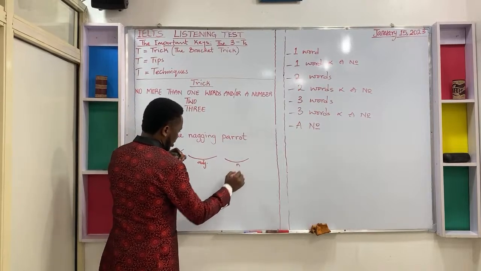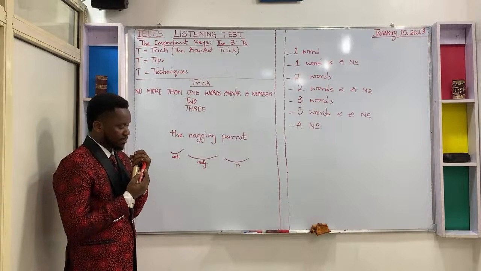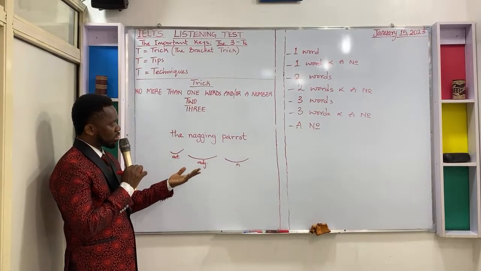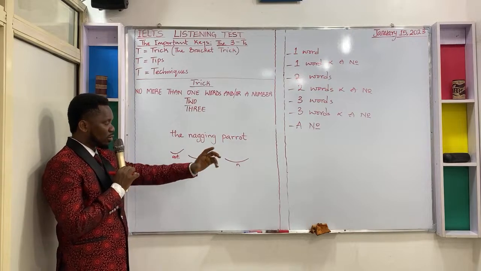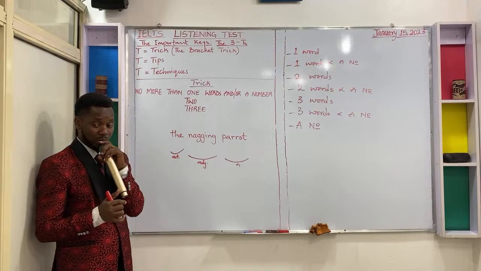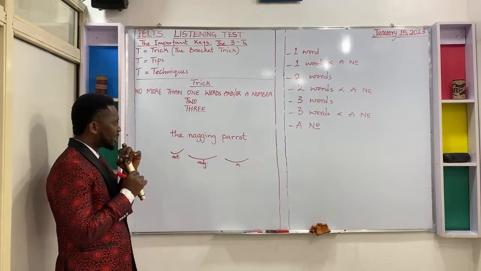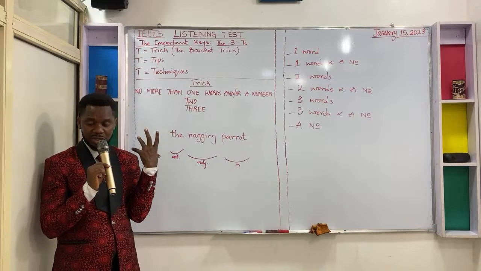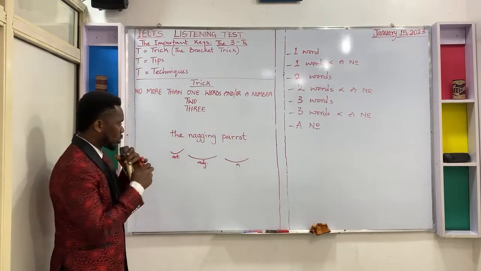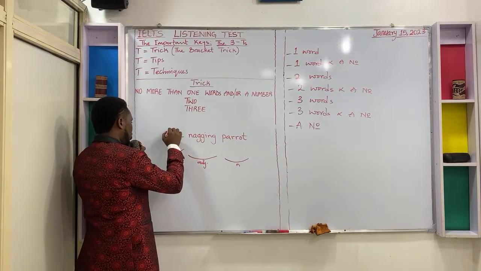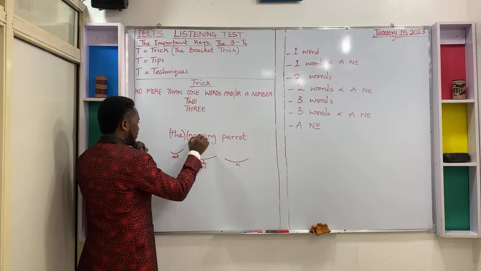Parrot is what? A noun. So, of the 3 words, the receiver of every other thing right here is what? Parrot, the noun. That means the other 2 words are what? Supporting words. They are not the main idea right there. So, since they are not the main idea, you can apply the bracket trick just to play safe.